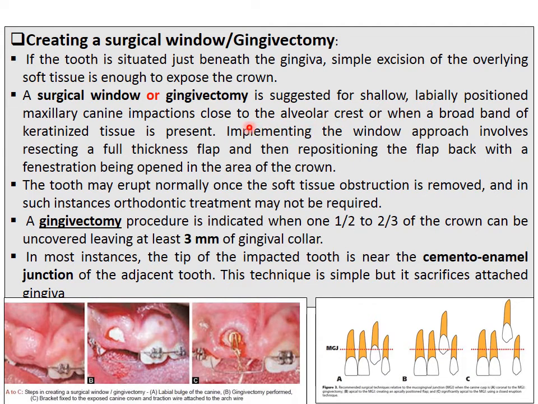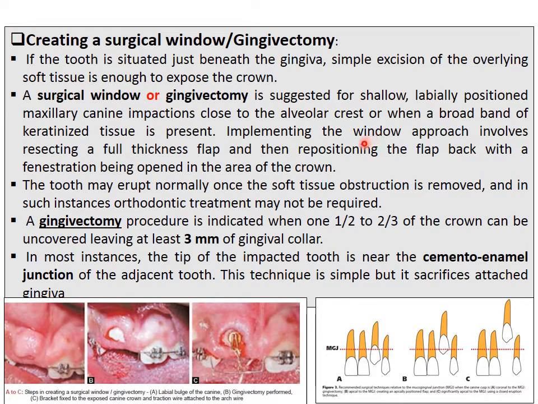Implementing the window approach involves resecting a mucoperiosteal flap and then repositioning the flap back to the fenestration opened in the area, meaning we return the flap to its place after removing the bone.